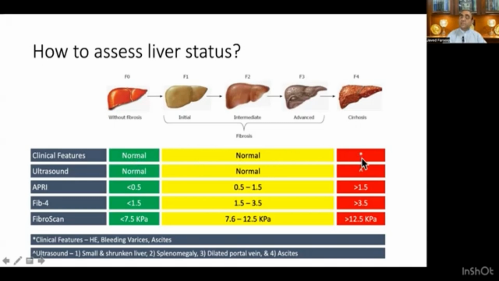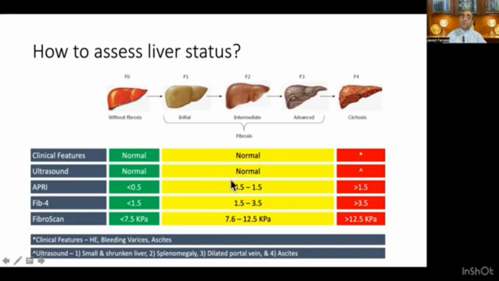And if the patient has cirrhosis, of course, there will be clinical features, the ultrasound findings will be there, and the APRI, FIB-4, and FibroScan values will be high. And in between, in the fibrotic liver, there will be no clinical features of cirrhosis.